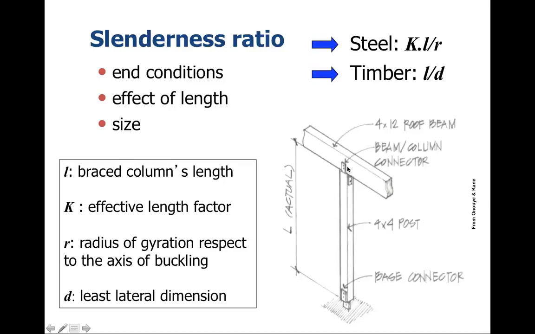Okay, so here's an example of our column, a 4x4 column, and say it's carrying this load. Some of the considerations are how it is fixed at the bottom here, and also how it is fixed at the top.